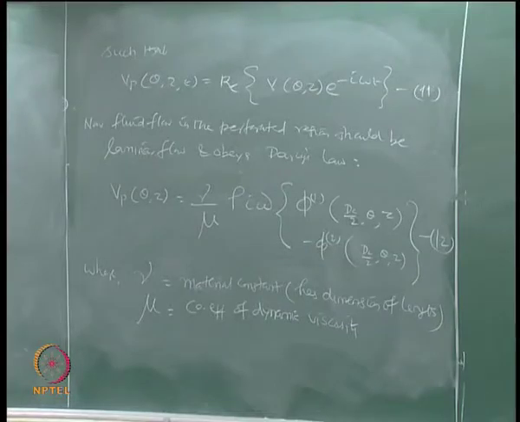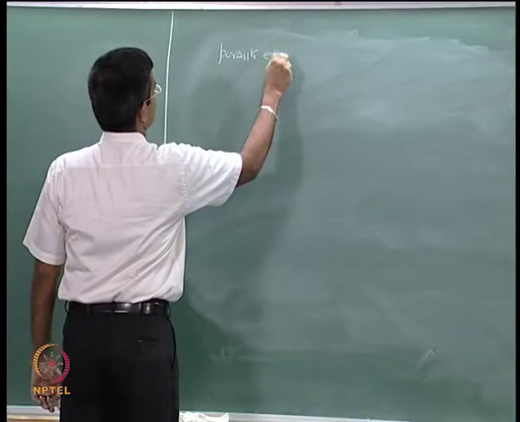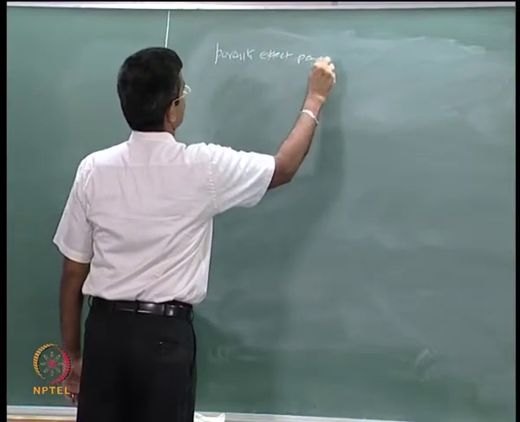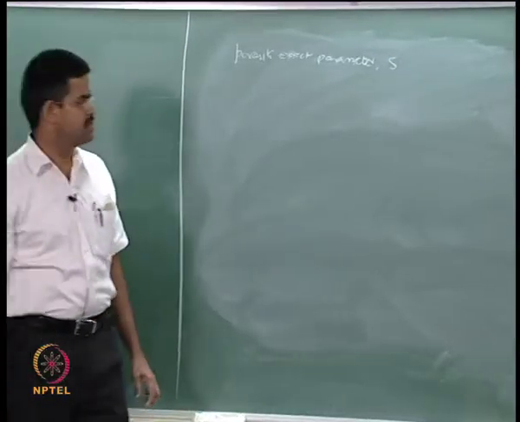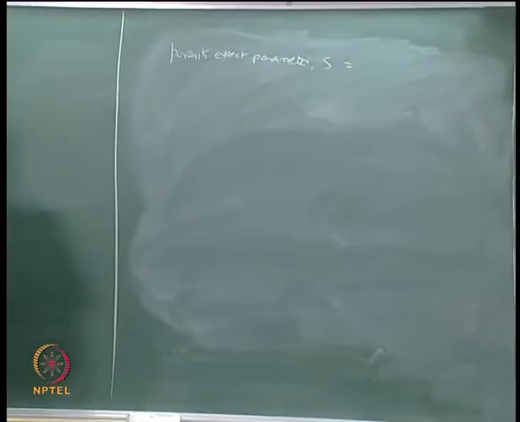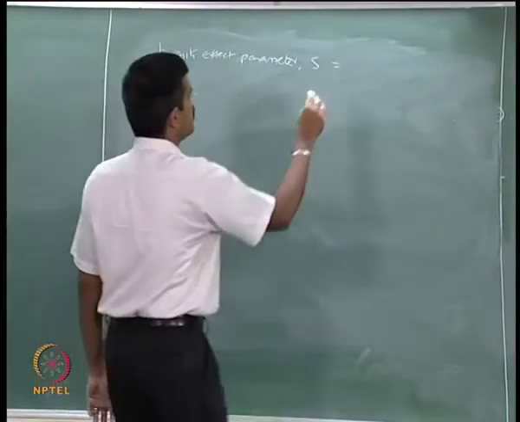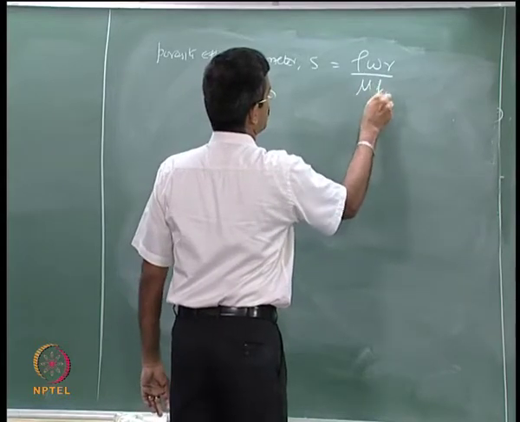Let us now define a parameter called porosity effect parameter, which is defined by S, which is given by rho omega r by mu k naught.